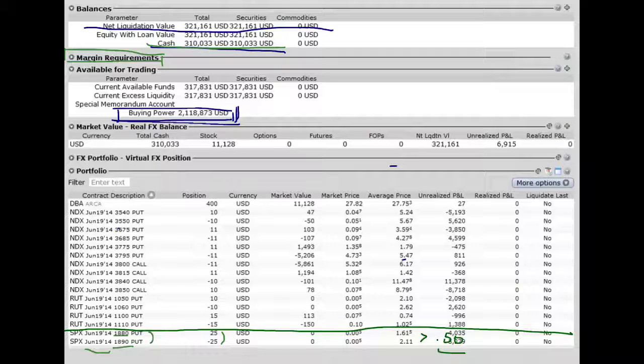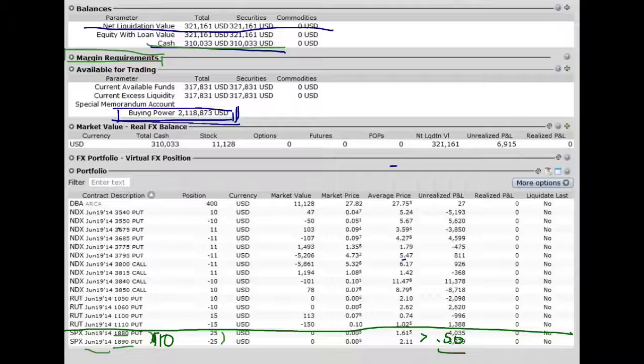So according to my calculations, that's 50 cents that we received as a credit into our account. Now, the spread here is $10 wide. Everybody see that here, where it's 1890 by 1880. That's equivalent to $10 in the index. So we sold 25 of these spreads.